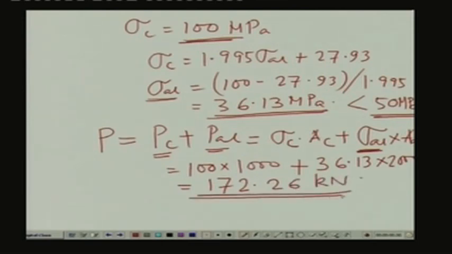So, the load which can be applied on the bearing must be less than or equal to 172.26 kilonewton, and thereby the maximum stress that can be generated in the copper rod is 100 MPa, but the aluminum slip will not go up to 50 MPa; it will be well within 50 MPa, and thereby the whole system will be safe.